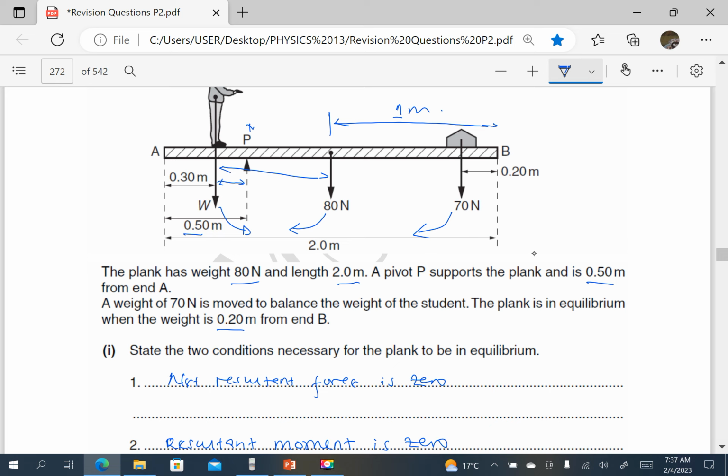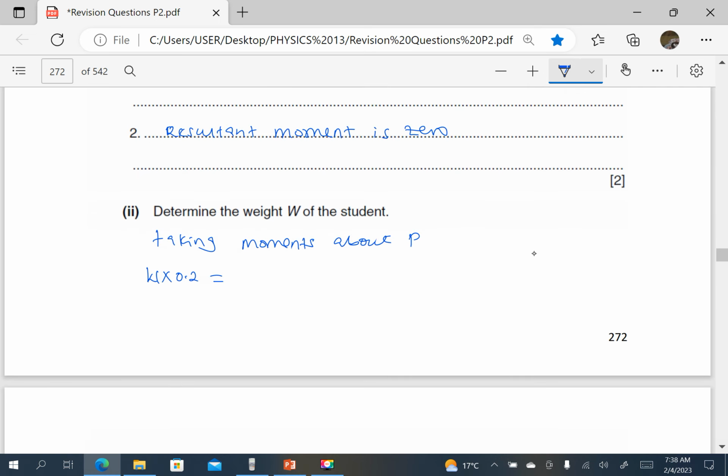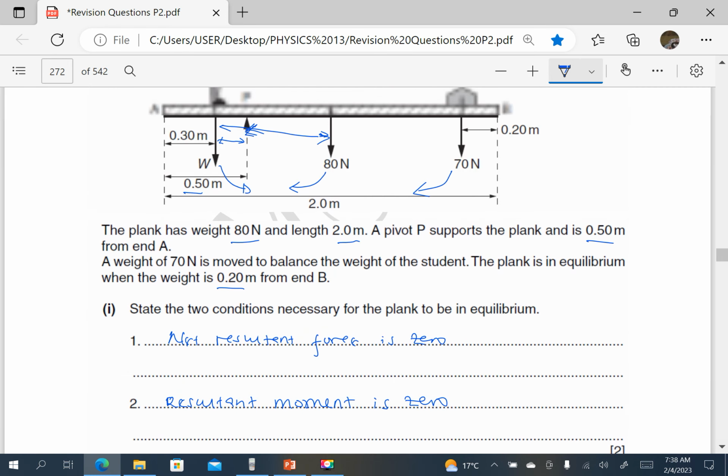So 1 meter minus 0.5 is going to be the perpendicular distance of the weight from point P. 1 meter minus 0.5 is 0.5. So that would be 80 times the perpendicular distance, which is 0.5, plus 70, the weight of 70 newtons.